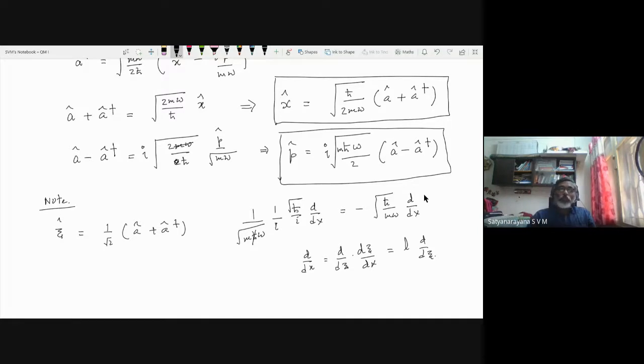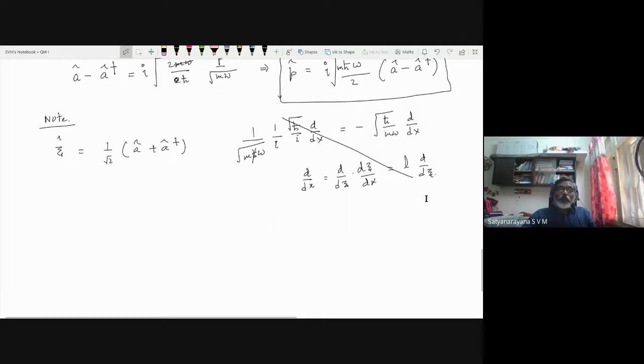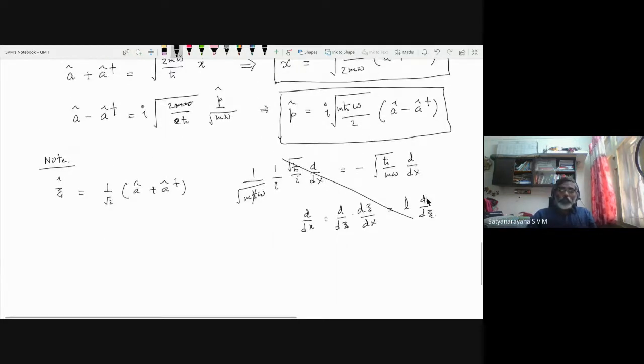Okay, so maybe let me put it this way. I can write this p is equal to i by, so m omega by h bar. So I have to get that.